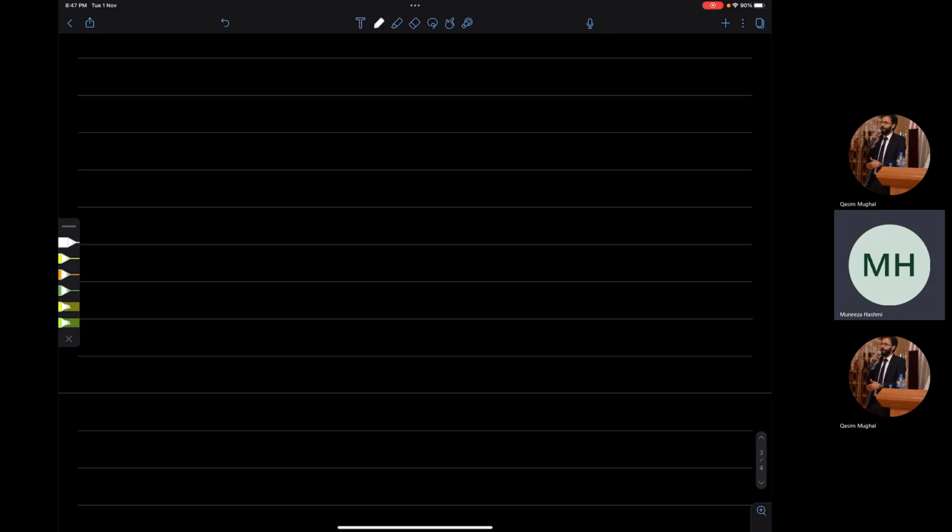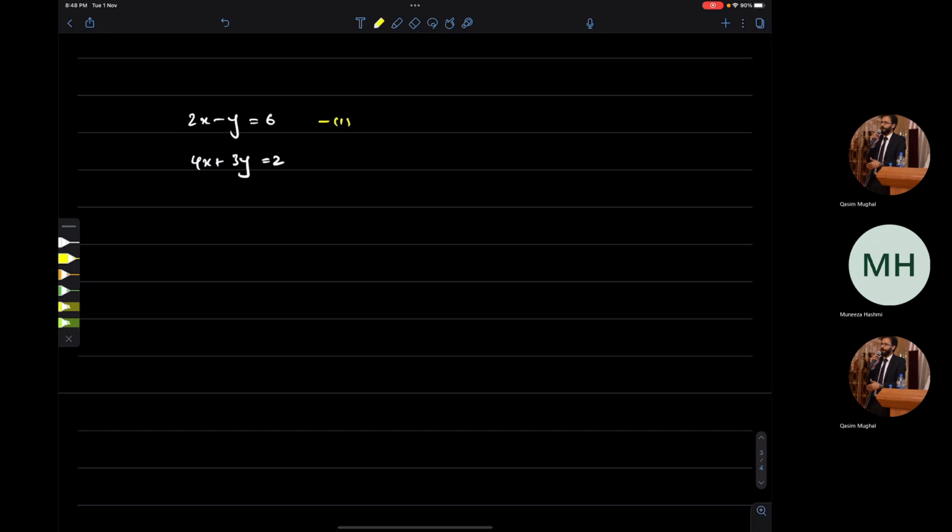Okay, now for example I have a question: 2x minus y equals 6, 4x plus 3y equals 2. Just as a quick recap, you can solve simultaneous equations by the substitution method or the elimination method. I'm going to solve this by elimination. Let's eliminate y.